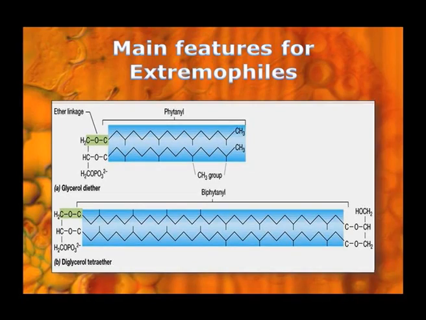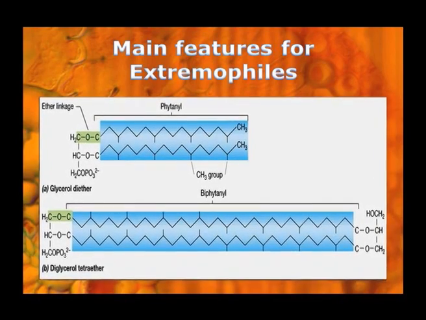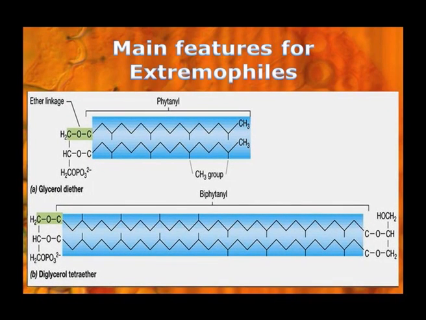The lipid content. In the plasma membrane of Archaebacteria, we can find a different type of lipid. We can find ether linkage in spite of the general ester linkage, which is much stronger. The ether linkage is much stronger than the ester linkage.